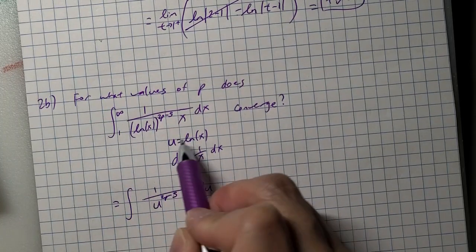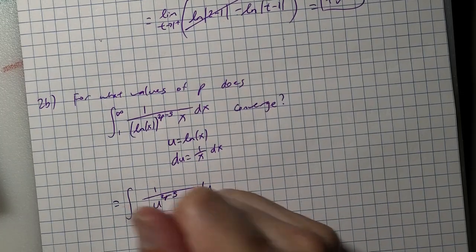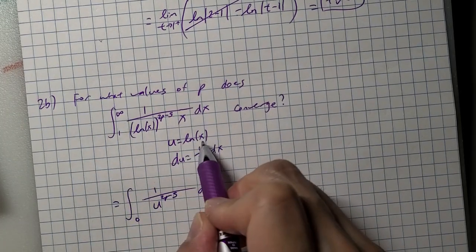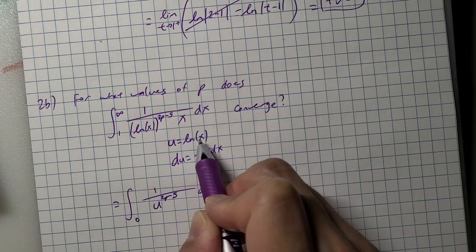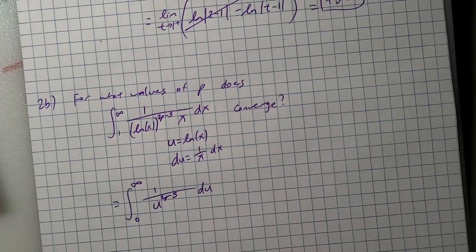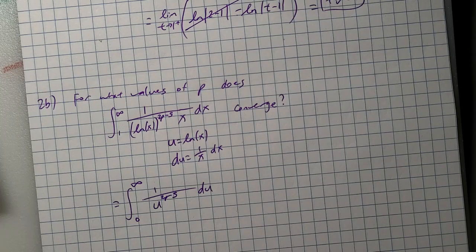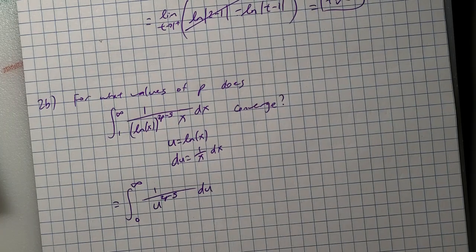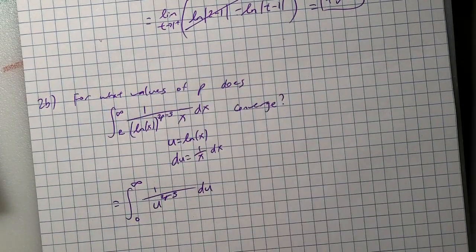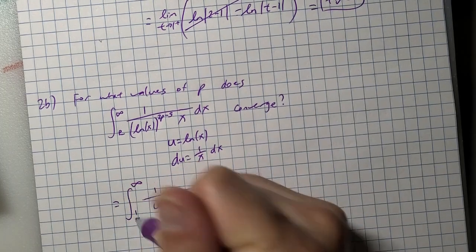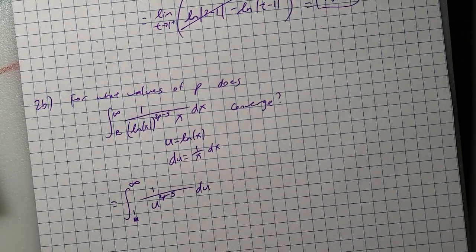When x is 1, u is ln of 1, which is 0. When x is infinity, u is ln of infinity, which is also infinity. Oh, actually, I wrote the problem wrong. This was e. Okay, so this would be 1, because ln of e is just 1.